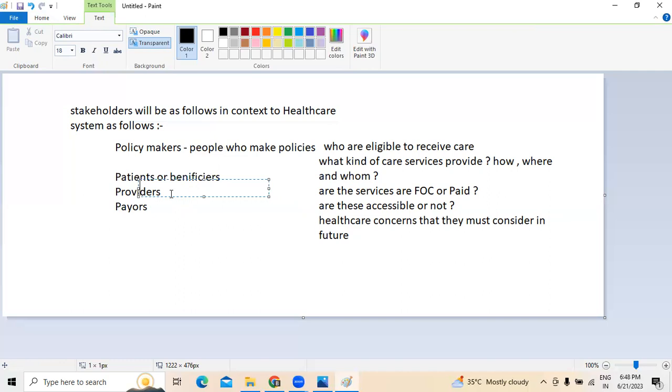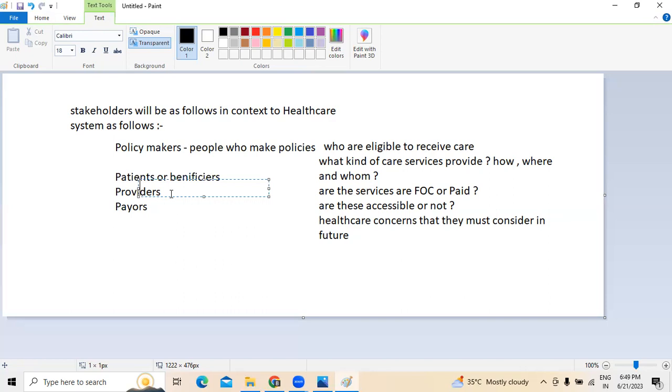As an example, we have discussed HIPAA, the Health Insurance Portability and Accountability Act. Why? Because HIPAA is a policy framework, a law, a standard initiated by the government of the US, wherein health information has to be protected.